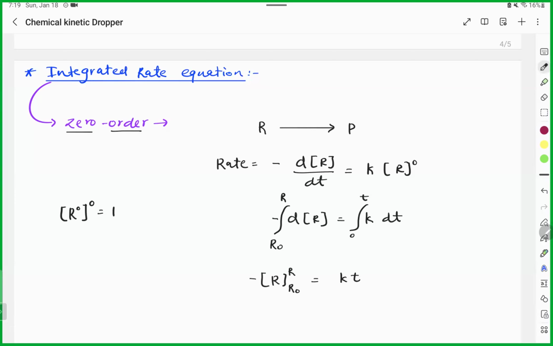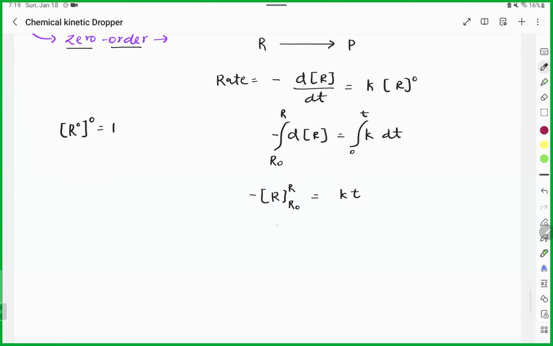Makes sense, guys? So the final value is R, minus the initial value R naught, equals kt. So you can say kt will be equal to R naught minus R.